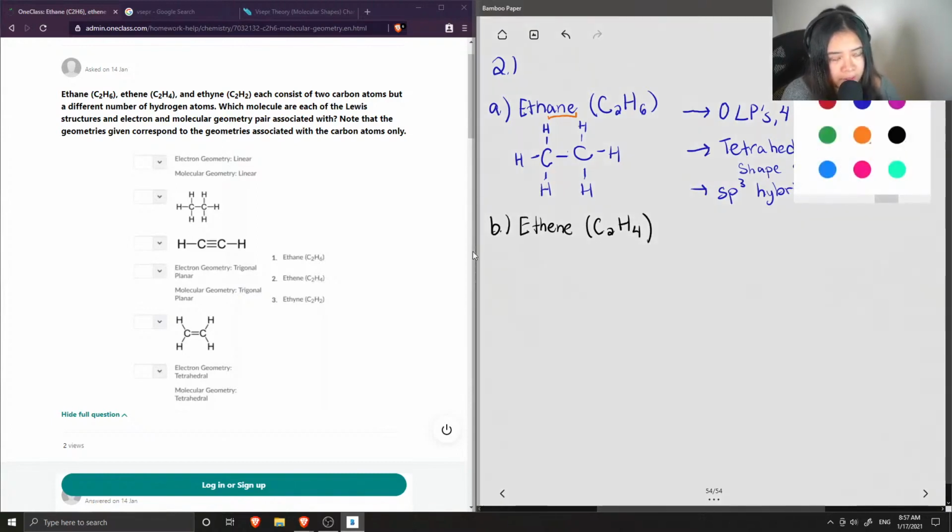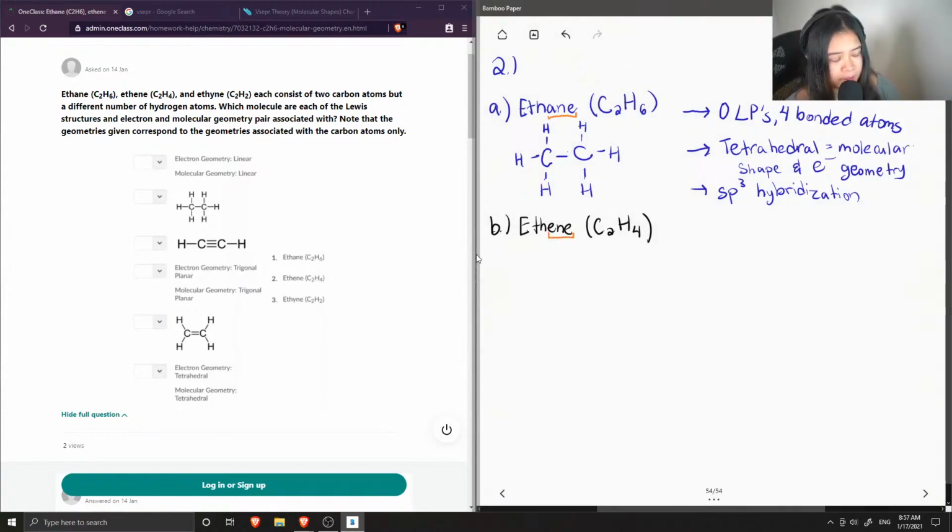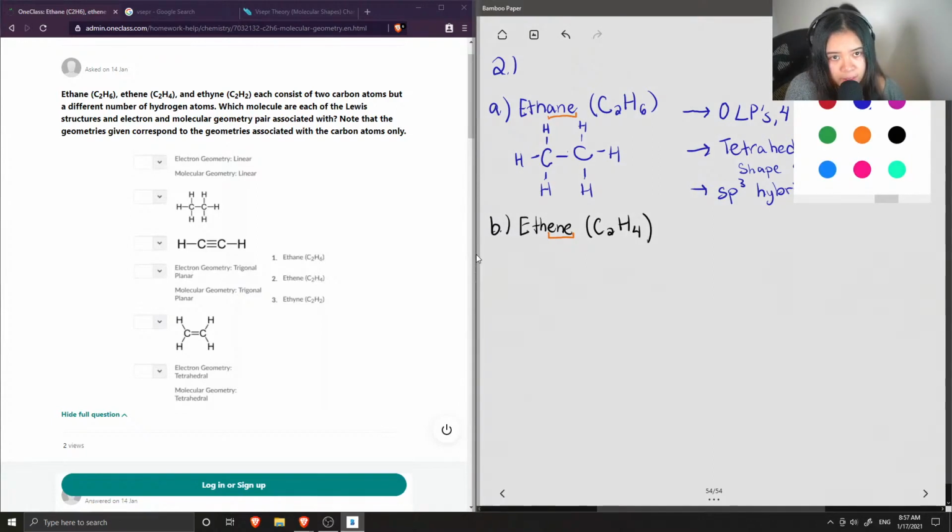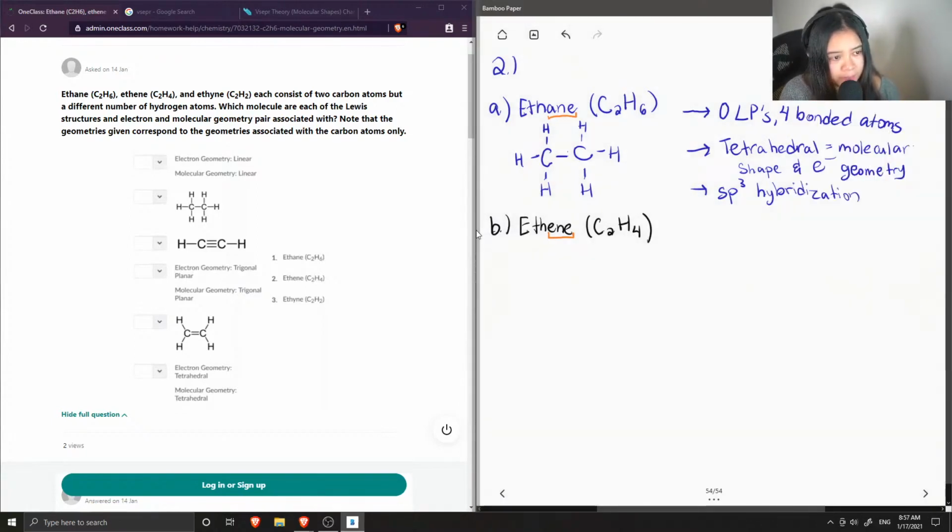Again, if we look at its name, the prefix eth tells us there are 2 carbons in the chain, and the fact that it ends in ene means that there is a double bond between the 2 carbons. So its Lewis structure contains the carbon double bonded with the other carbon, and then we fill in the remaining bonds with hydrogens. So now we have the structure for ethene.